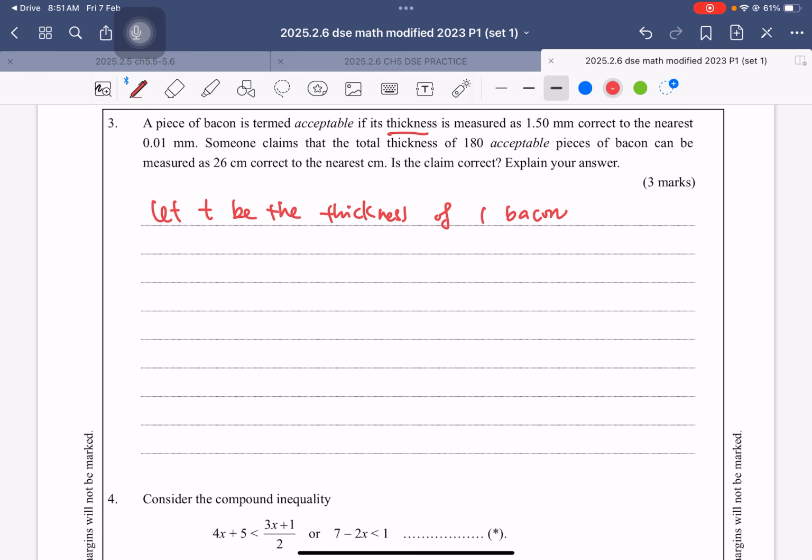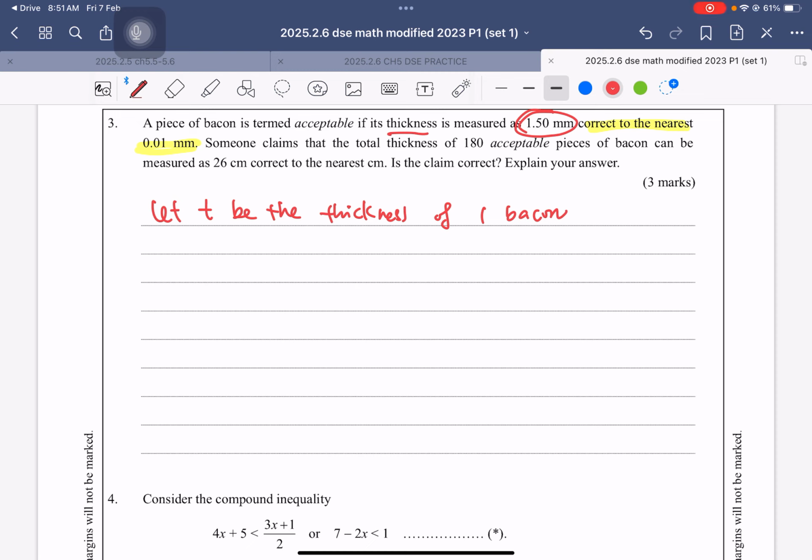So this is your measured value, isn't it? 1.5. And then the keyword is corrected to what? 0.01. Corrected to the nearest 0.01 mm. So what's the next step you need to do? Just plus or minus the 0.01?